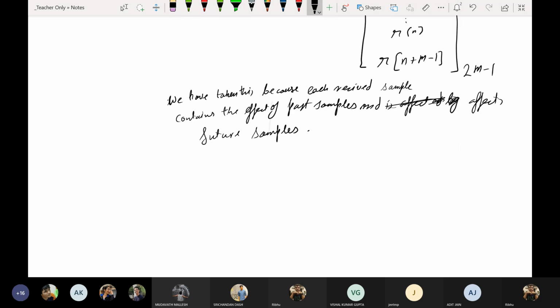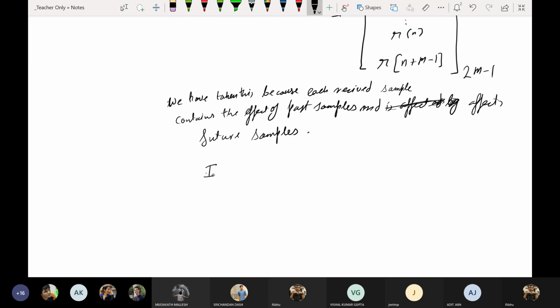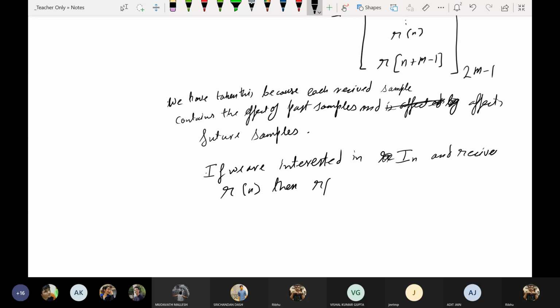Or if we are interested in In and receive Rn, then Rn is affected by past samples, right?